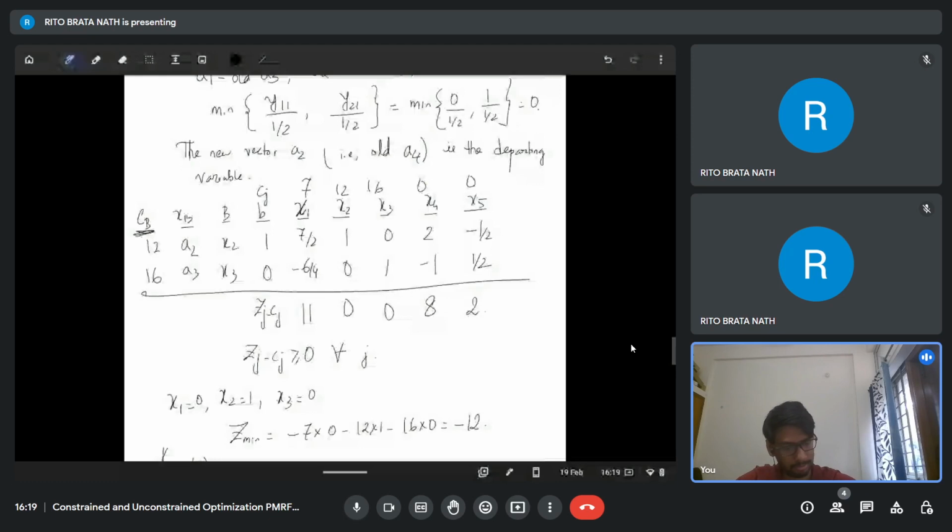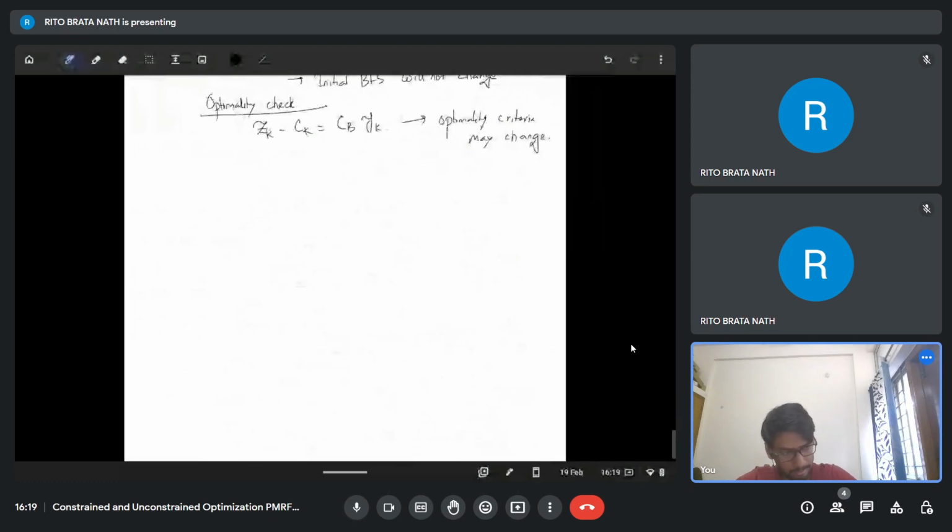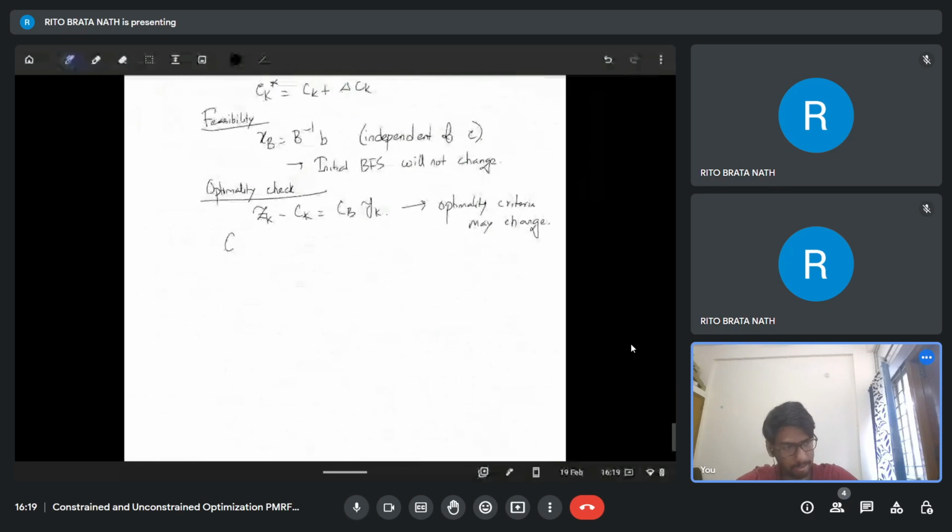So the idea is, suppose you have your ck not belonging to cB. Then the optimal solution will be unchanged.